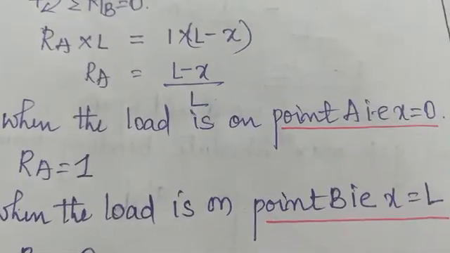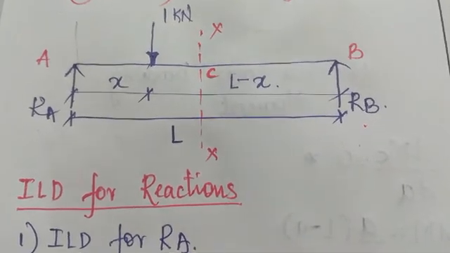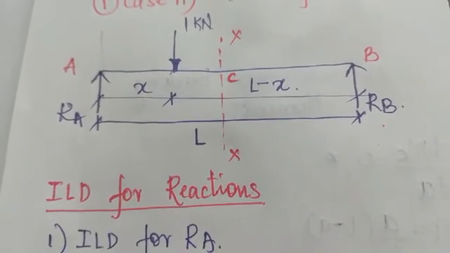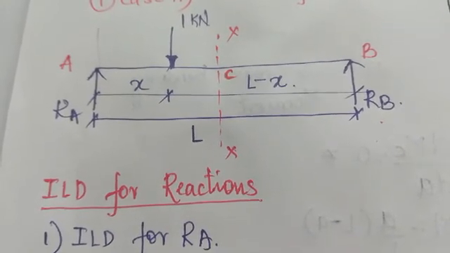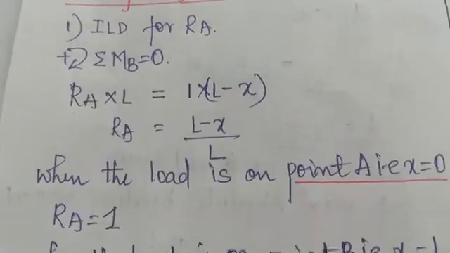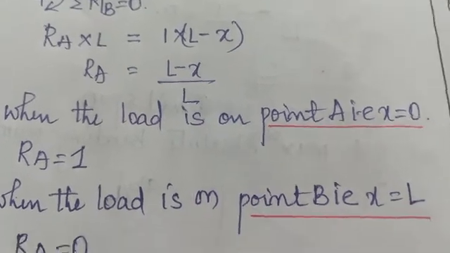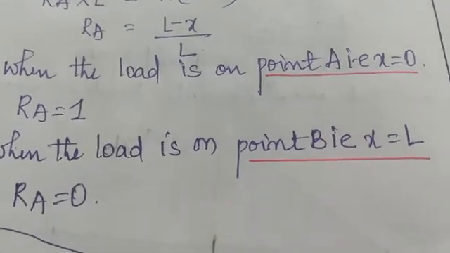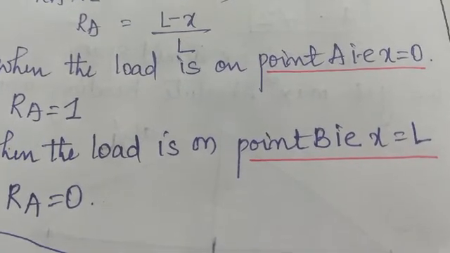That is, I have to take the position of 1 kilonewton at various sections of the axis, particularly when the 1 kilonewton is at A and when it is at B, that is when x is equal to 0 and when x is equal to L. Substitute the values of x, then when the load is at position A, that is when x is equal to 0, I will get RA as 1, and when the load is at point B, that is when x has travelled the complete distance L, at that time I will get RA equal to 0.